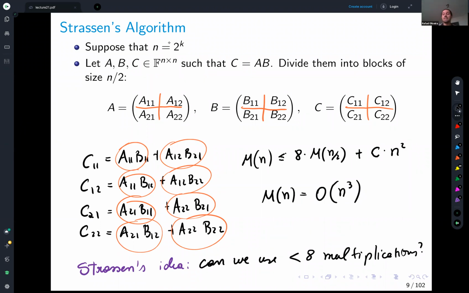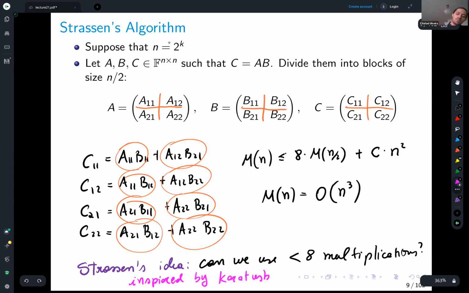And by the way, this idea was inspired by another algorithm, which is known as Karatsuba's algorithm for polynomial multiplication. So that's a different polynomial multiplication.